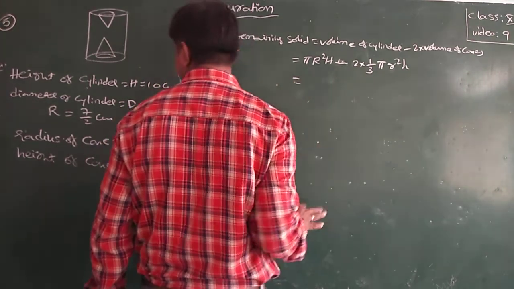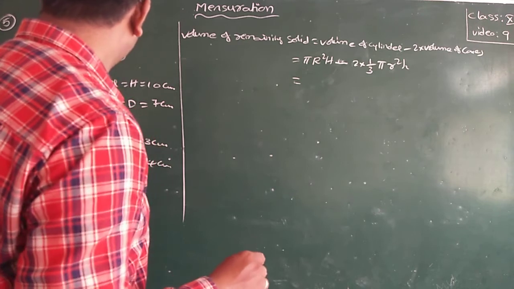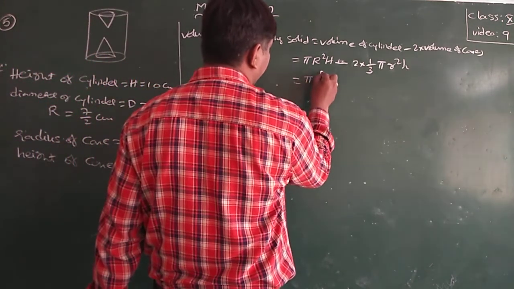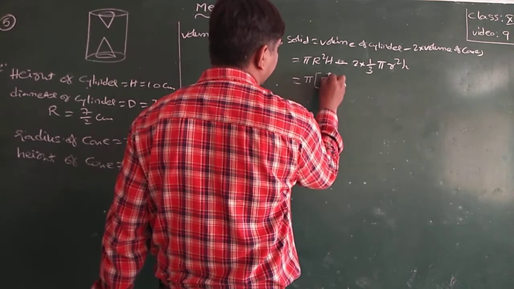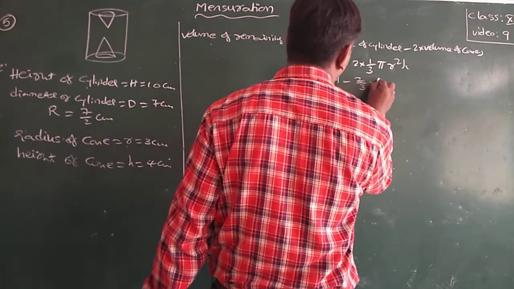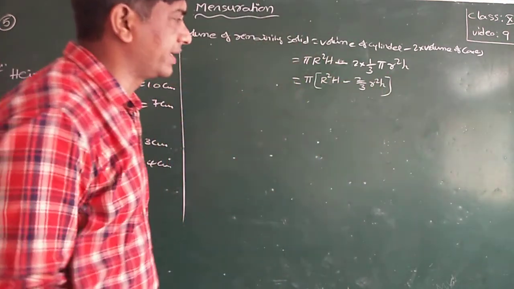Both radii are different, everything is different, so only pi I may take common. Then R square h minus 2 by 3 r square h. This h is different, this r is different.